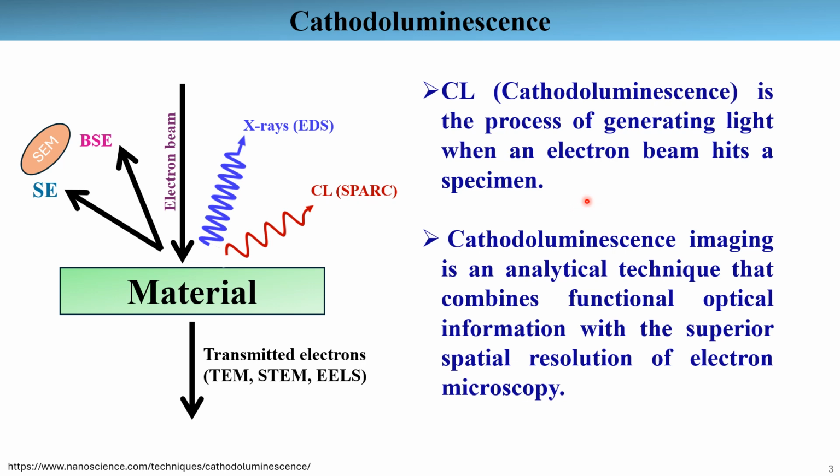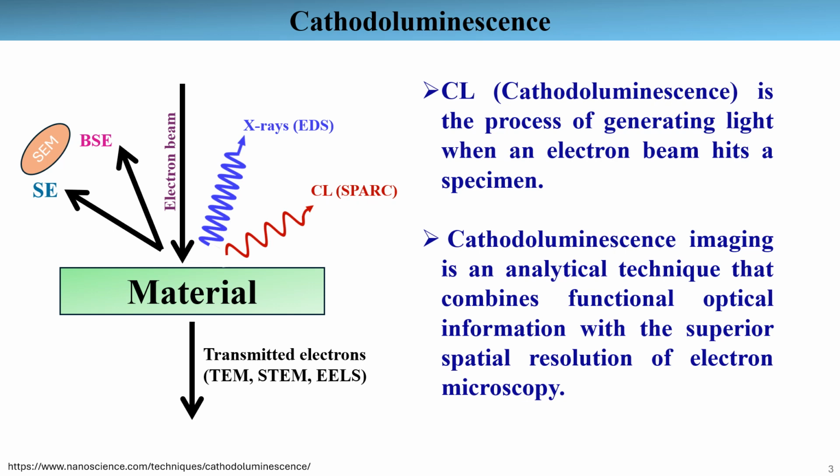Let's start with the introduction of cathodoluminescence. Cathodoluminescence is the process of generating light when an electron beam hits a specimen. Basically, cathodoluminescence is an optical and electromagnetic phenomenon in which electrons impacting a luminescent material cause the emission of photons which may have wavelengths in the visible region.